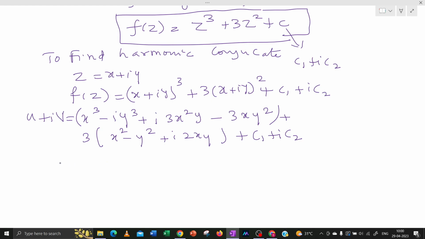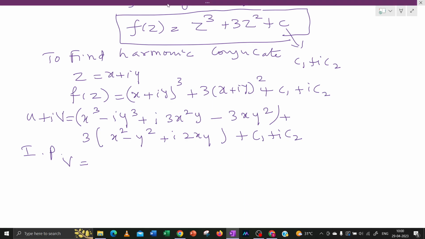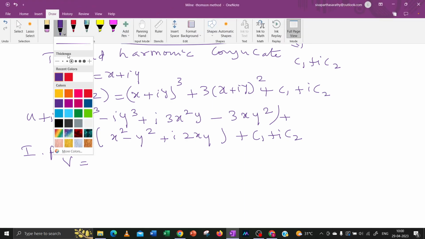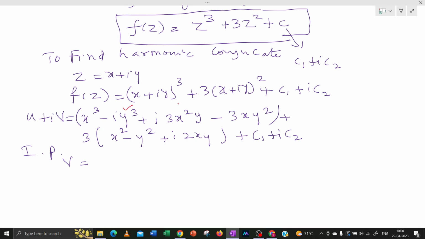So what is v? v means only the imaginary part. Take all the imaginary parts from here: first imaginary part, second imaginary part, third imaginary part. Write all the imaginary parts separately.